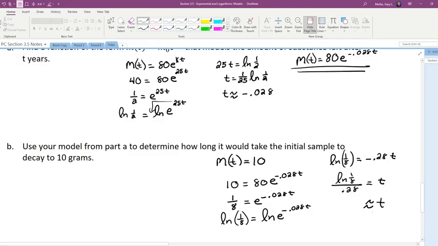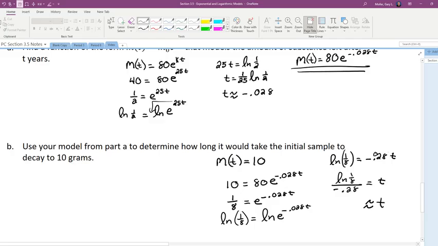So my time is approximately equal to the natural log of 1/8, and that's a negative, divided by negative 0.028. Looks like I lost a decimal in there. My apologies.